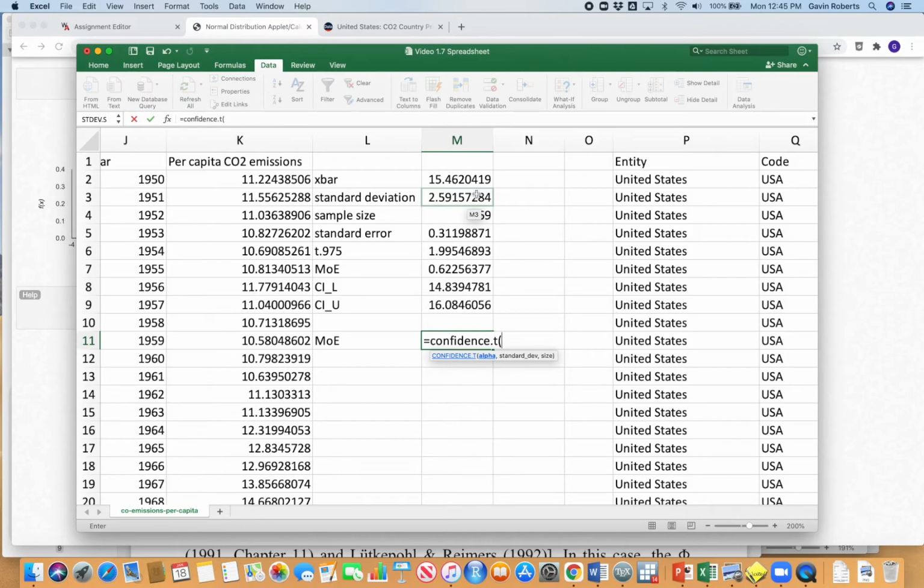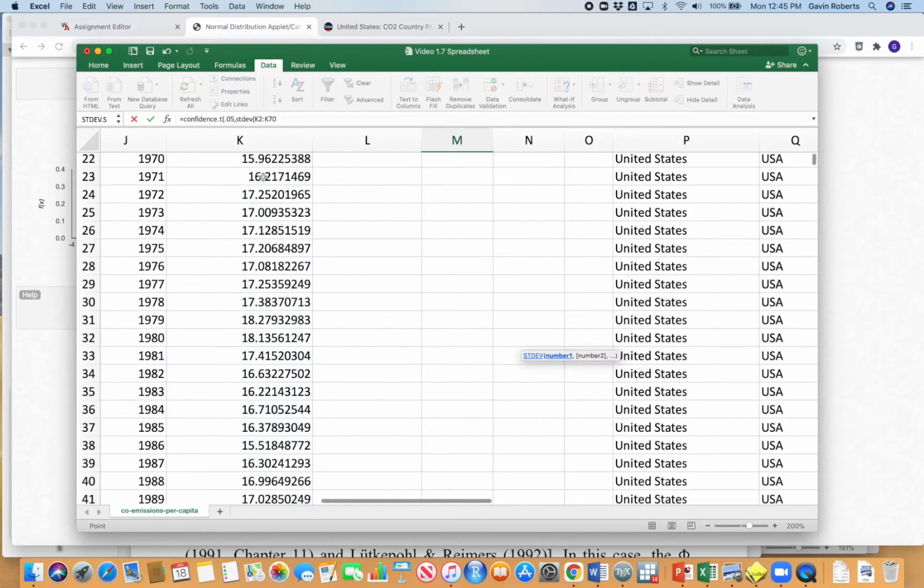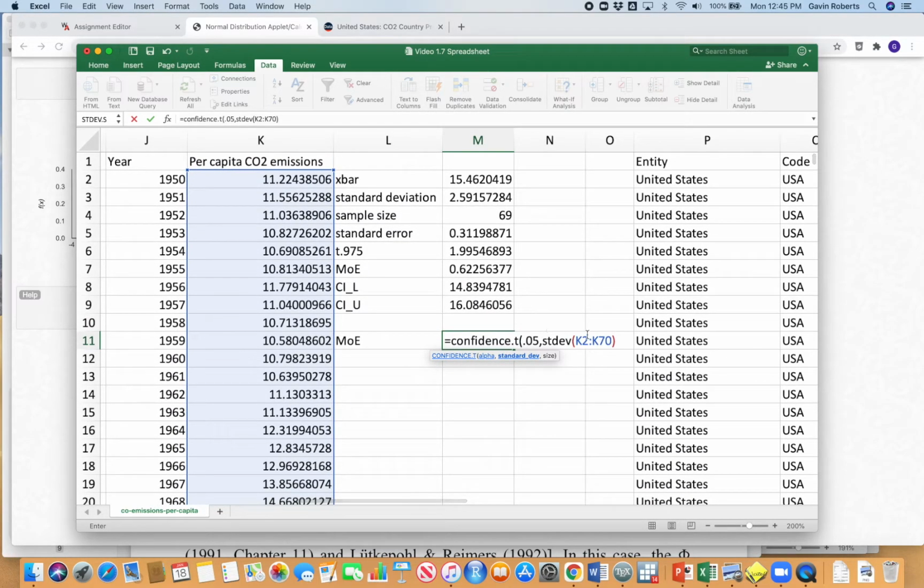So if 95% is in the middle, that means 5% or 0.05 is on the outside. Standard deviation is going to be that guy right there that we calculated. Or notice we could even calculate the standard deviation right inside of this formula. So we could wrap one Excel formula in another. So now I'm just simply calculating the standard deviation there.